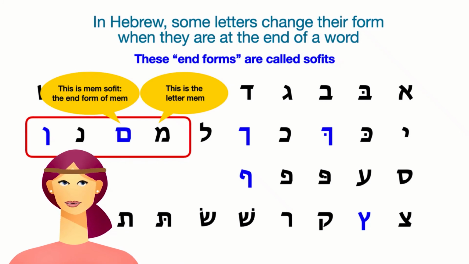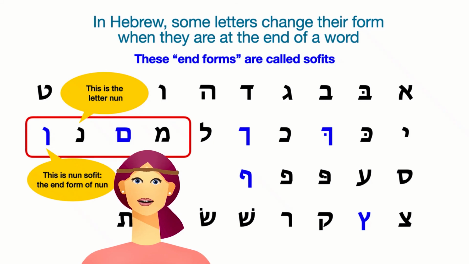You now know that the letter mem is written as its end form mem sofit when it is the last letter of a word. And the letter nun is written as its end form nun sofit when it is the last letter of a word.